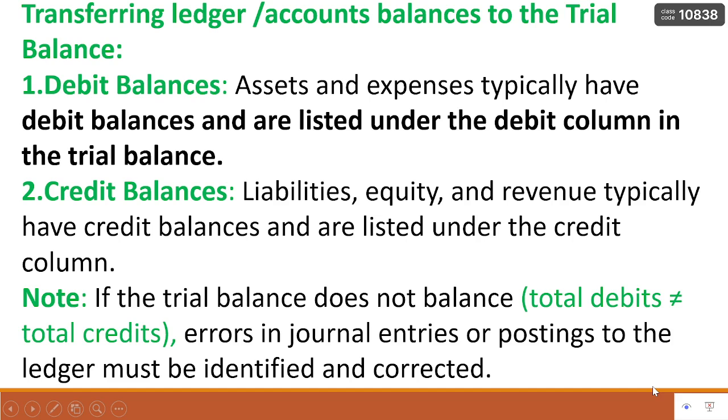Credit balances: all liabilities, capital, equity, revenues, and all types of incomes have credit balances and will be listed under the credit column of the trial balance. And if the total debits and total credits do not agree, the errors in journal entries or postings to the ledger must be identified and corrected.